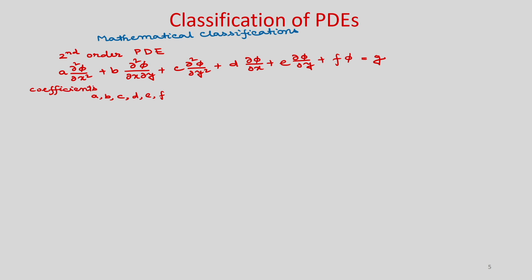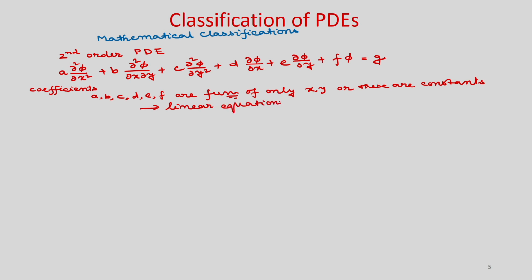If these coefficients are functions of only x and y, or these are constants, then this is known as a linear equation.